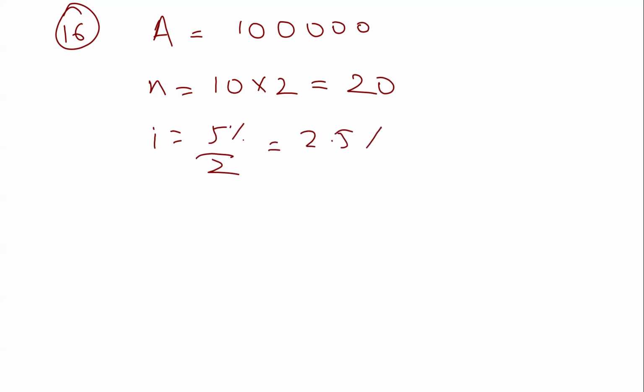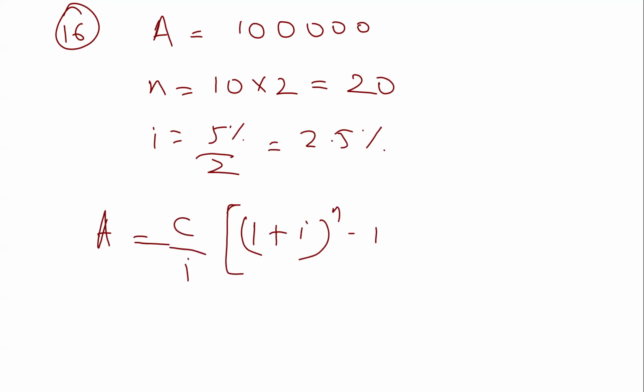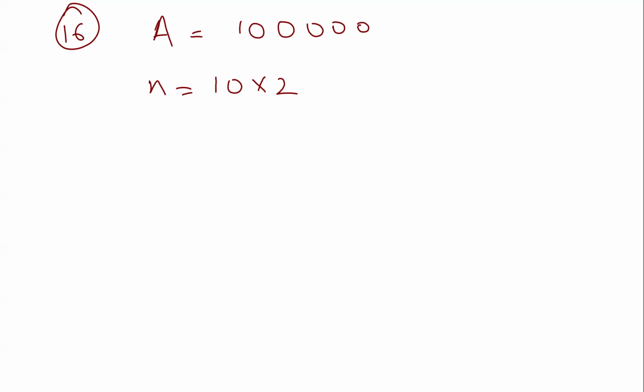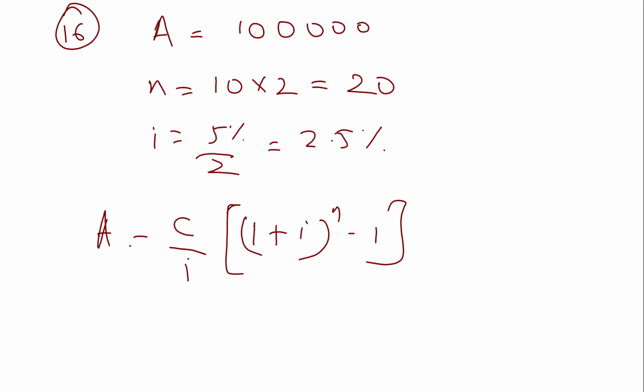So A is equal to C by I, (1 plus I) raised to N minus 1. And we have the values. So this problem is of annuity immediate, because what amount should be deposited biannually? At the start of the 6 months or at the end of the 6 months, it's not really mentioned over here.